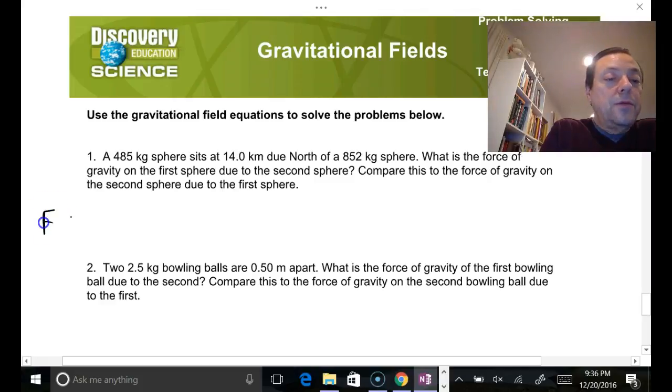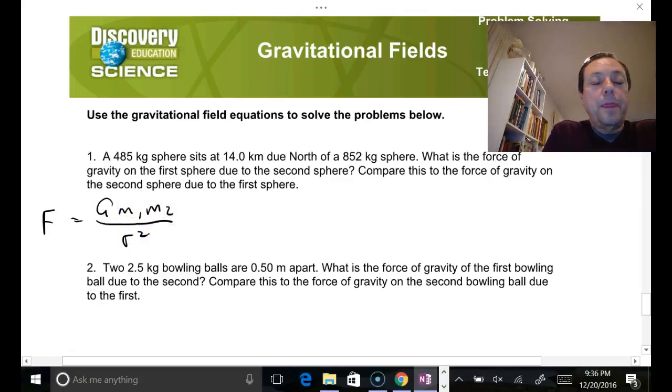So F is equal to G m1 m2 over r squared. Let's let this be the first one. This is our distance r, which is in kilometers. We're going to have to convert that to meters. And this is our other sphere.